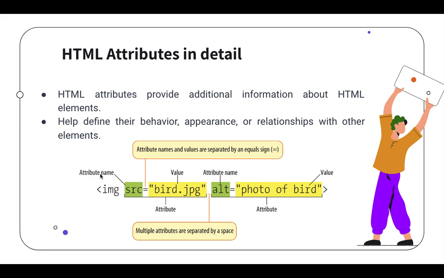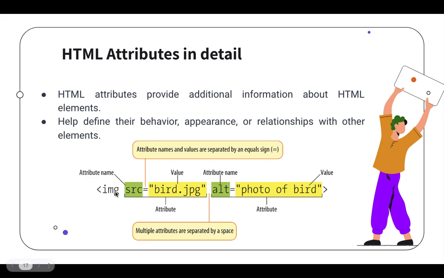In this, if you see src and alt, these are the attributes included inside the img tag. src is an attribute name. img is an image, but to give extra information to it, we have added src. It explains where the image is coming from, which path the image will be attached to this img tag.